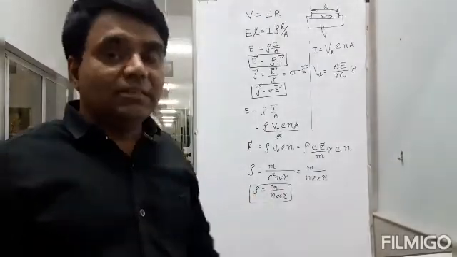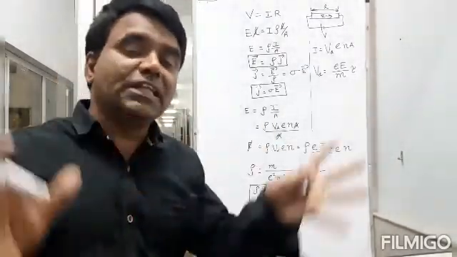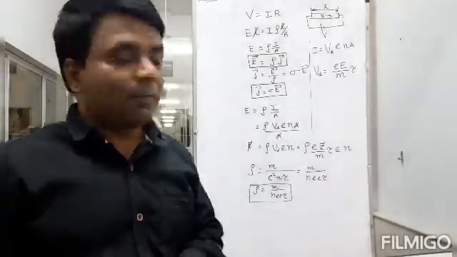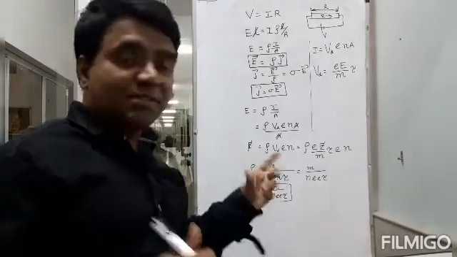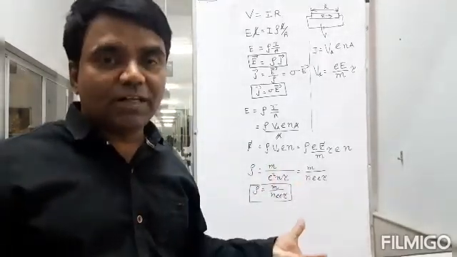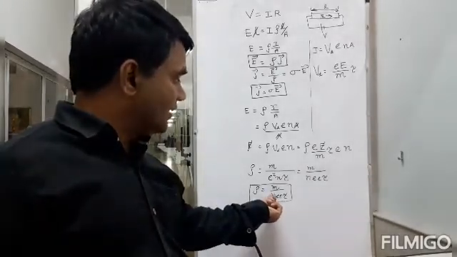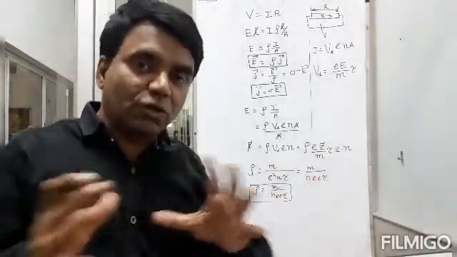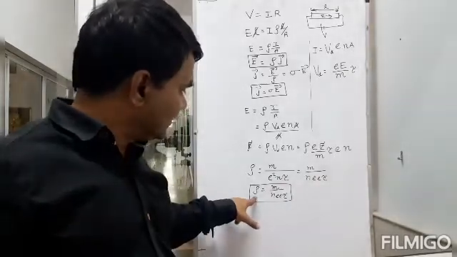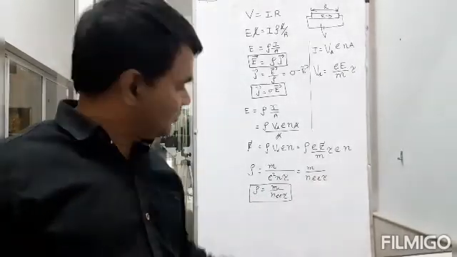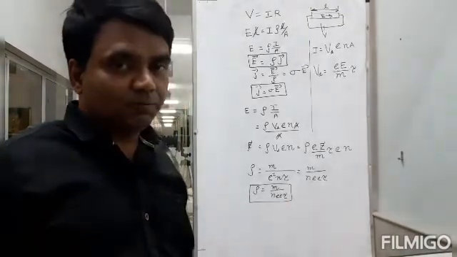What is n? n is the number of free electrons per unit volume. That depends on the material. Copper may have one n value, and iron may have a different value. So if the number of free electrons per unit volume is more, then clearly resistivity will be less, because it's in the denominator.